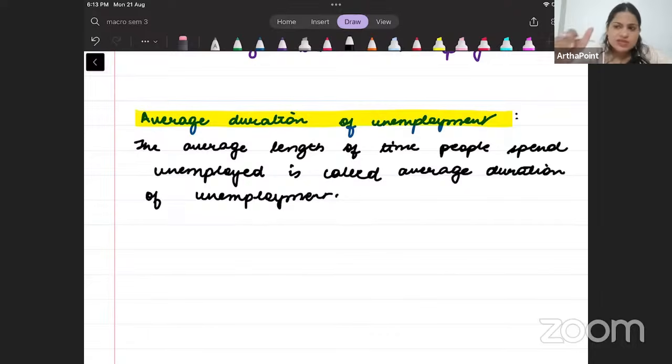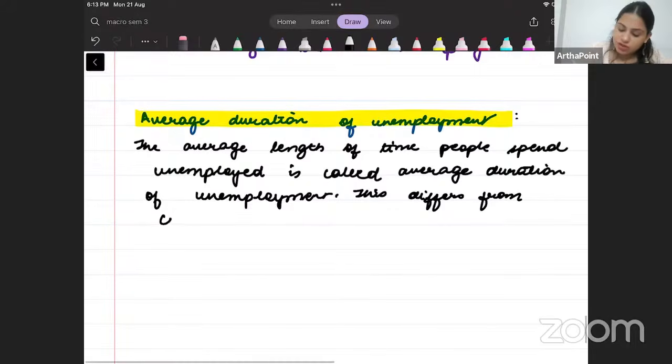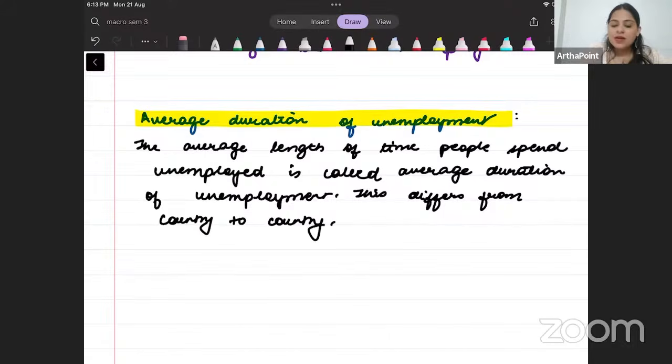So different countries have different data set, and your book suggests that I think so for US it is 2 to 3 months. Okay, so again this differs from country to country. Okay, it can be different for each country.